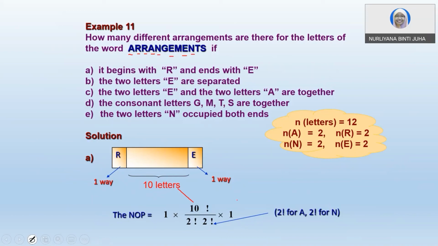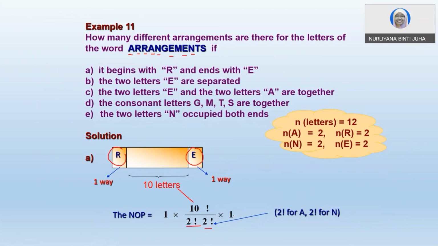Okay. But then kita ignore the R and E over here. The R and E dekat sini kita tak masukkan dalam yang repeated. Kenapa? Sebab dia dah dekat luar adalah letak satu. So yang dekat dalam ni of course dia tidak akan berulang lagi. So yang akan berulang dekat dalam ni cuma huruf A dan huruf N. That's why you have 2 factorial times 2 factorial.